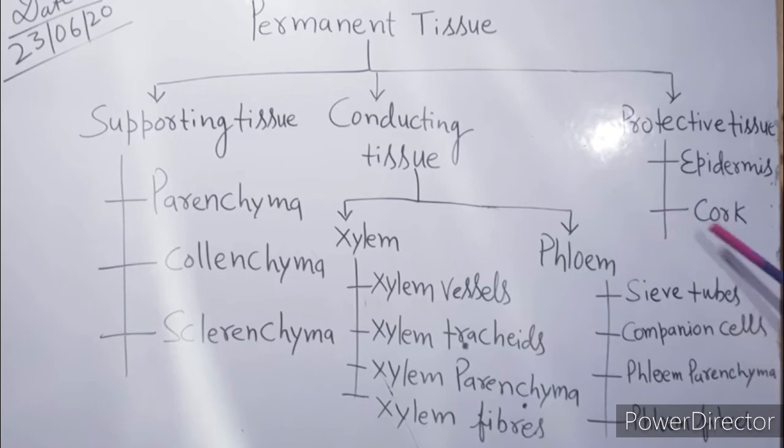Cork is a part of the plant where the cells become larger and larger, and day by day they become dead cells and are converted into cork, which is known as the bark. In bark there is cork. So it also gives mechanical strength to the plant.